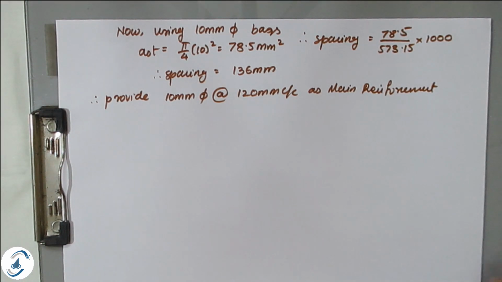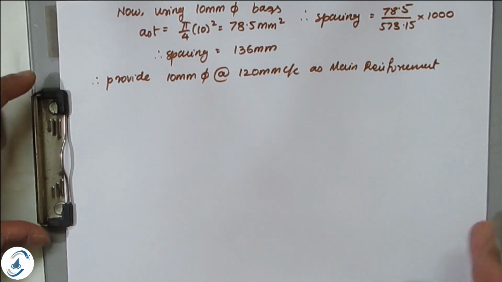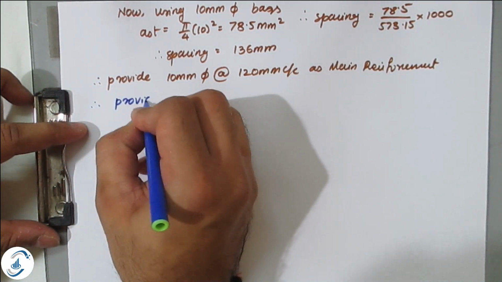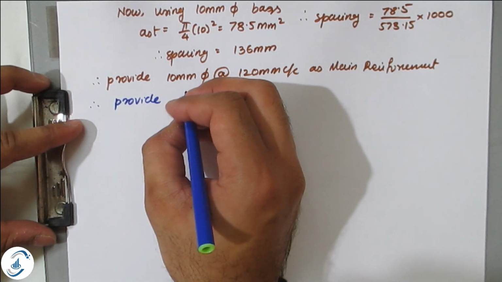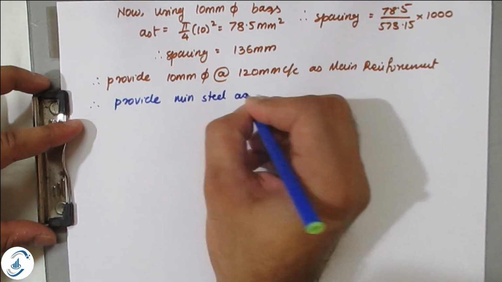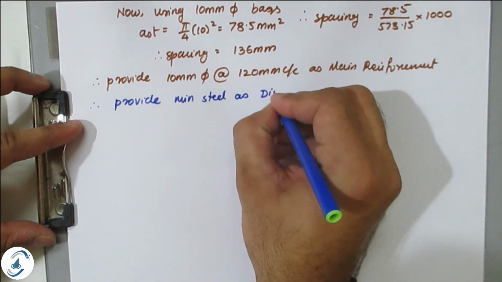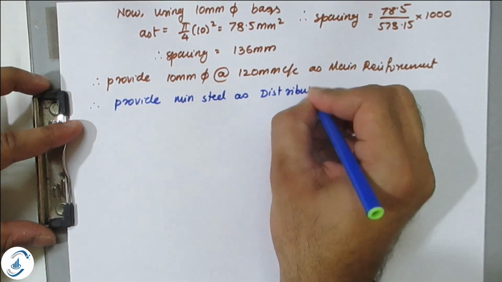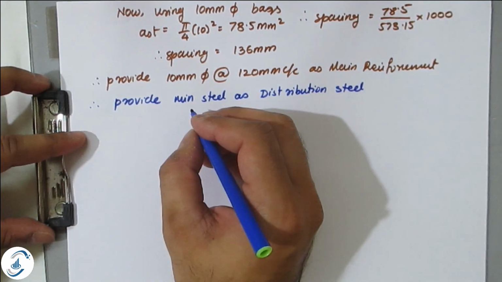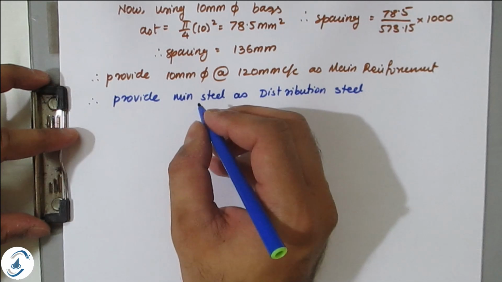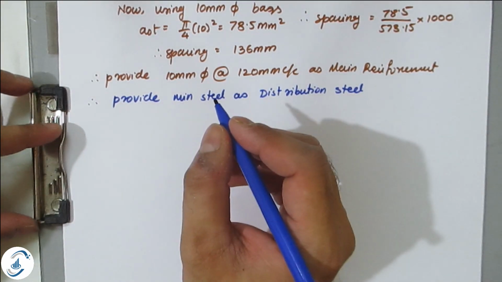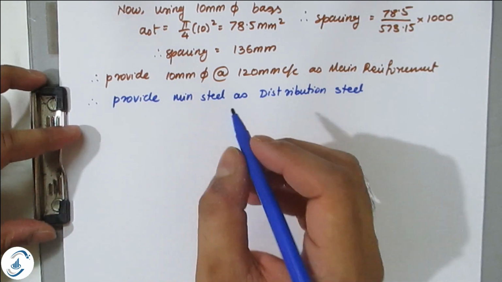Now you have to provide the distribution steel also. Therefore, provide minimum steel as distribution steel. If you have gone through my slab videos, I always stress the check of minimum Ast, that is 0.12% of gross area.